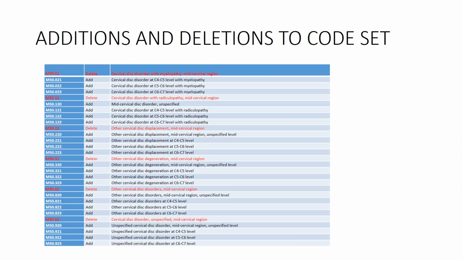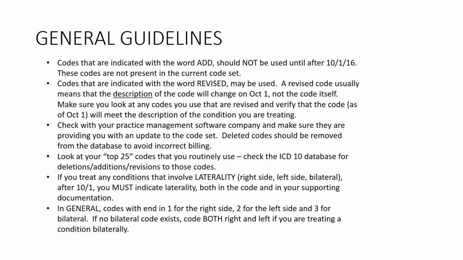This is a code that is effective October 1st. Don't start using it now, okay? Because it is not part of the 2016 code set. It is part of the 2017 code set, okay? So don't use those codes until after 10/1.